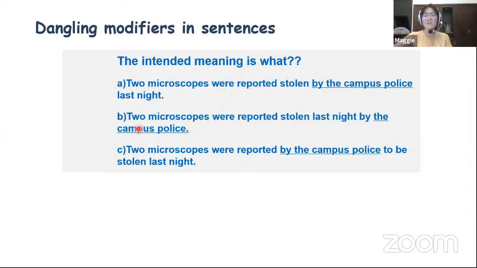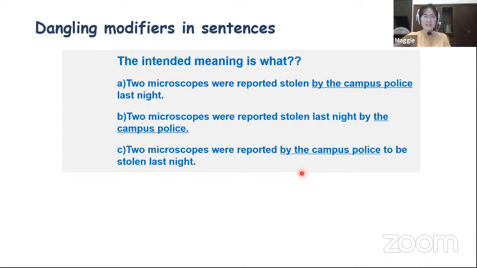The second sentence: two microscopes were reported stolen last night by the campus police. Still a misunderstanding in the sentence. You don't know who is the thief. And then the last one: if you put the modifiers in the correct location, you can avoid the misunderstanding.